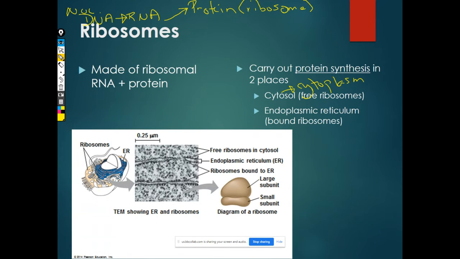The other place that we see ribosomes are on a form of endoplasmic reticulum. Man, I didn't name these things. You're just going to have to go on the ride. We can shorten that to ER. In this case, the ribosomes stick to the endoplasmic reticulum and make it look kind of bumpy, because ribosomes kind of look like little round balls when you're looking at the cell.